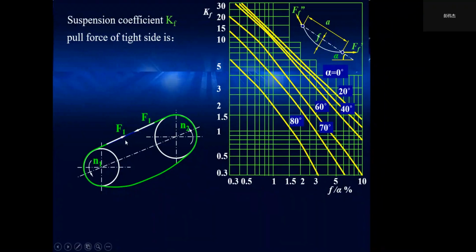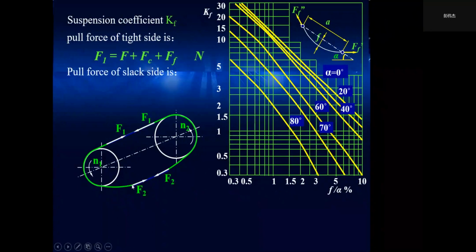F1 is the tight side tension force, and F2 is the slack side tension force.